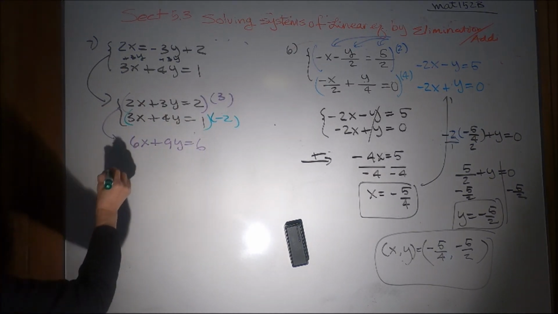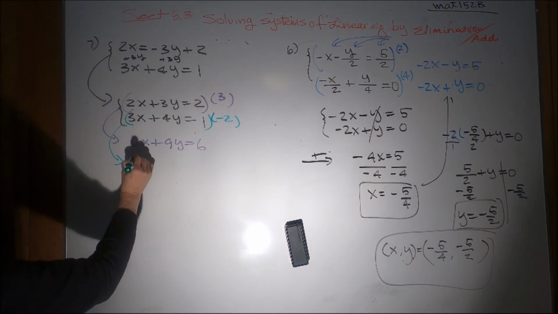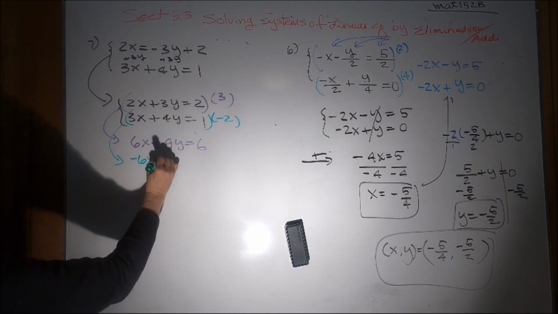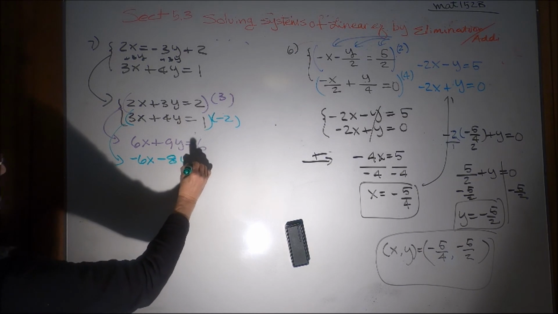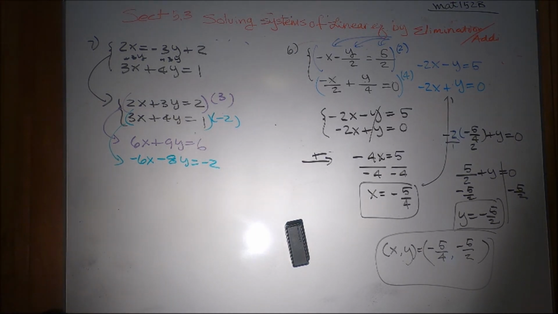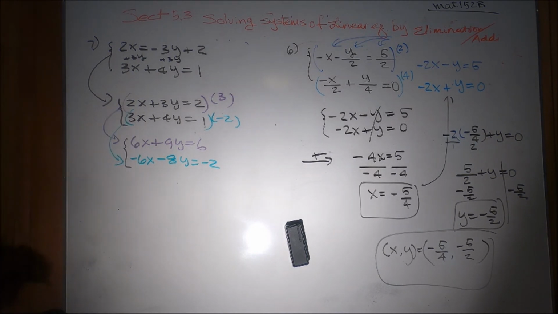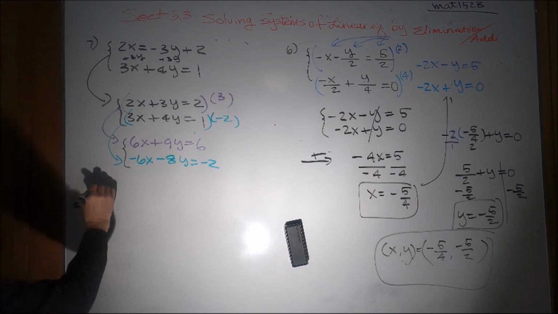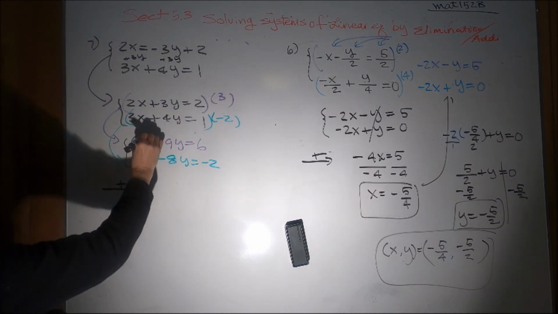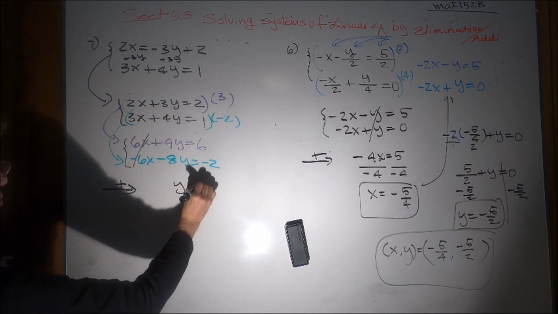Then what should I have? Right? I will have -6x minus 4y equals -2. Is that right? Then we add them together. We have y equals 4.